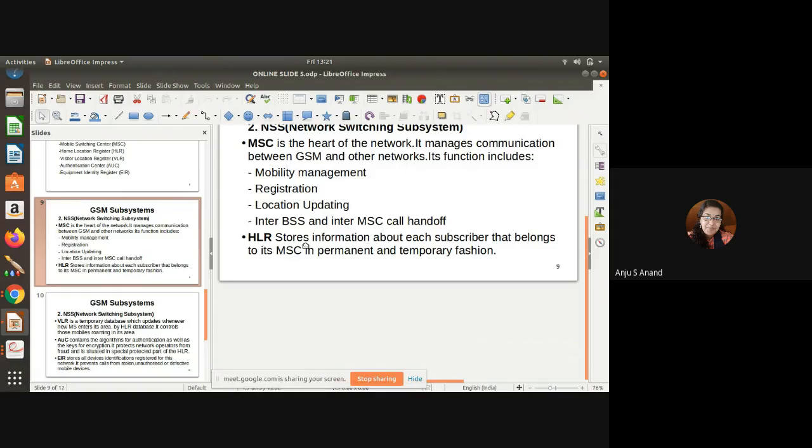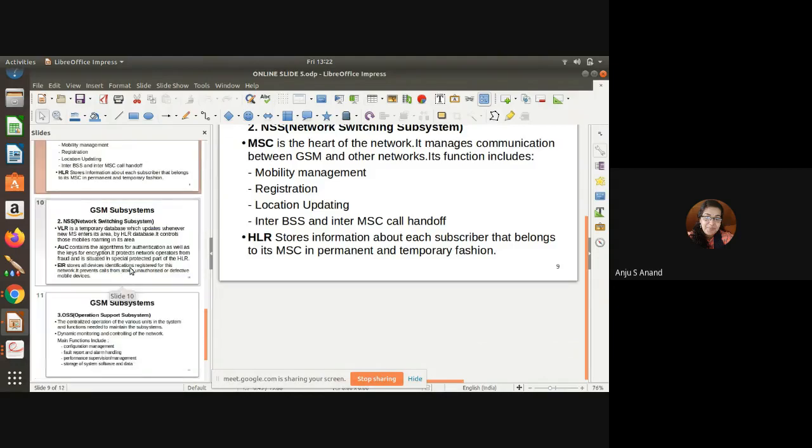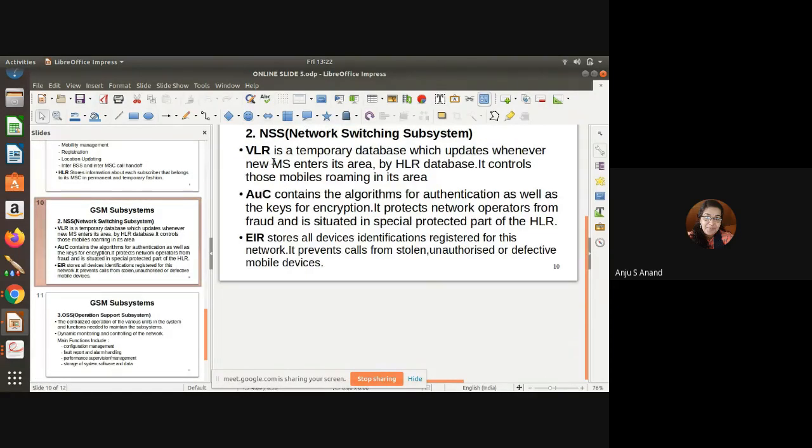Then next is the HLR. The HLR is a register that stores the information of each subscriber in a permanent or temporary fashion. Next element is the VLR, visitor location register. It stores temporary data of mobiles when a new mobile station enters that area.